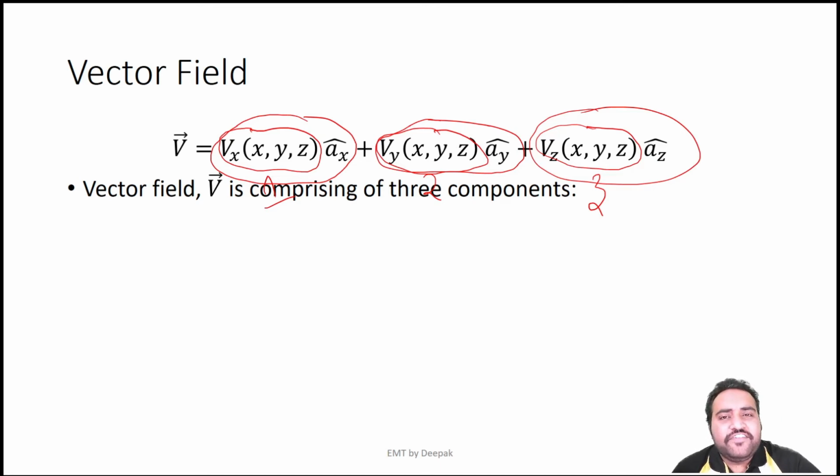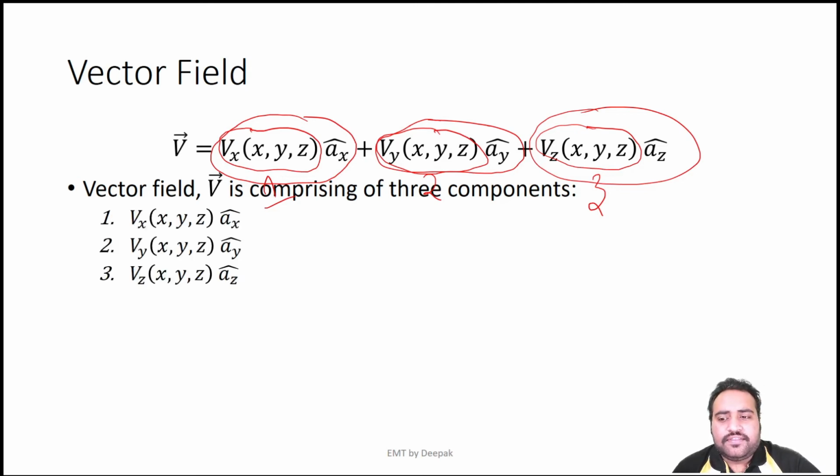So the vector field V bar is comprising of three components which are orthogonal to each other. Out of them, you see in every term, the first term, which is scalar field, would be varying with space, whereas Ax cap is not varying with space. Similarly, Vy term is varying with space, whereas Ay cap is not varying with space.